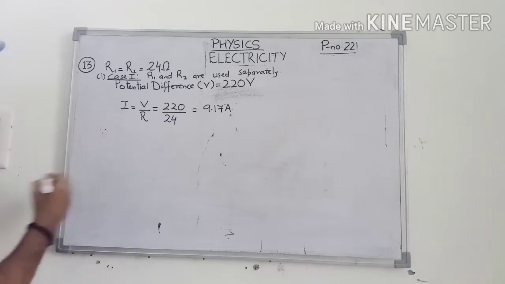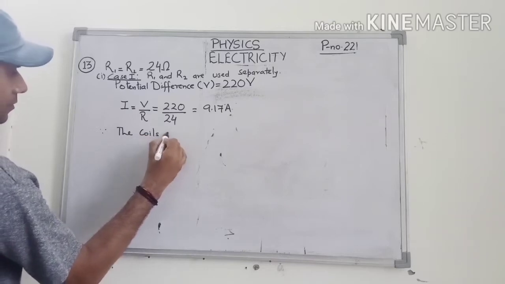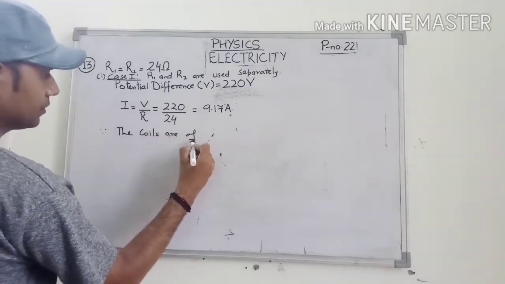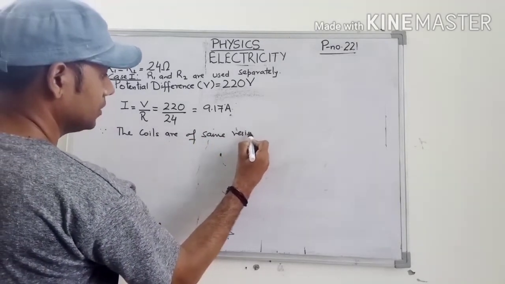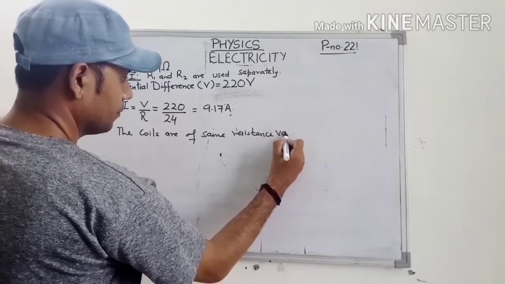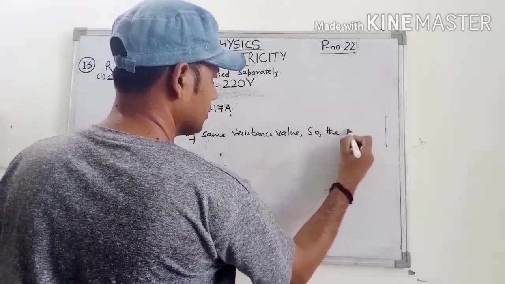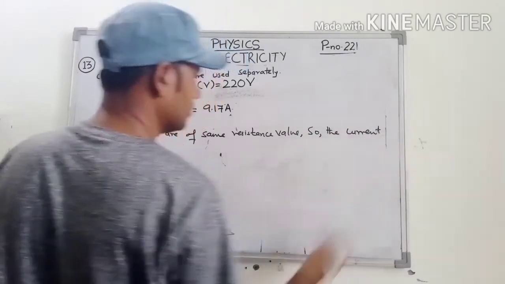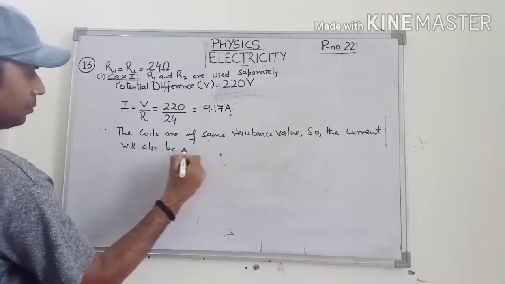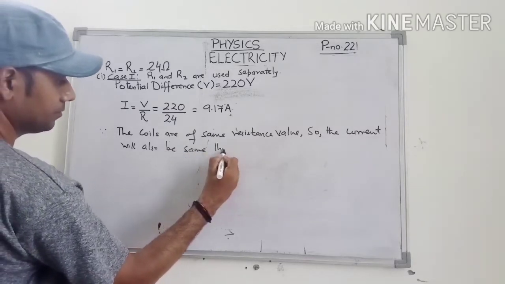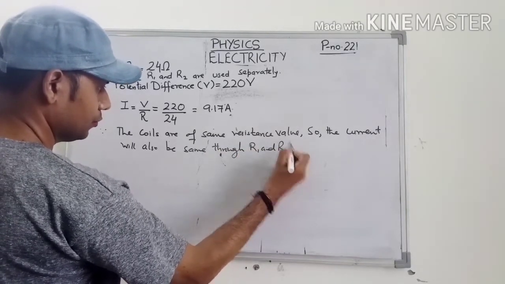Since the two coils are of same resistance value, so the current will also be same through R1 and R2.